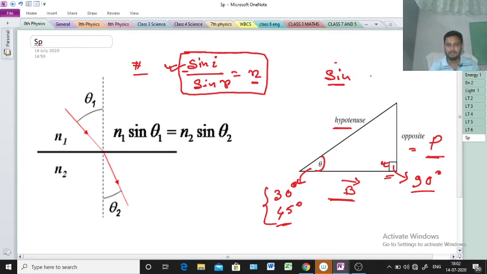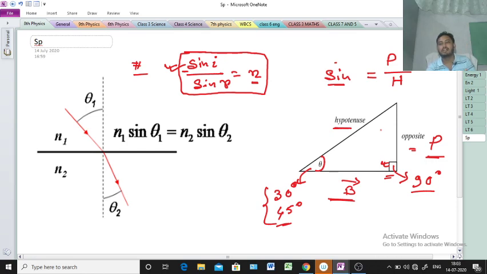So what is this? Sin equal to perpendicular divided by hypotenuse. Whatever, here the perpendicular may be 30 centimeter, and here the hypotenuse 40 centimeter.